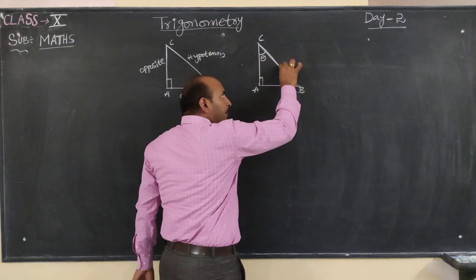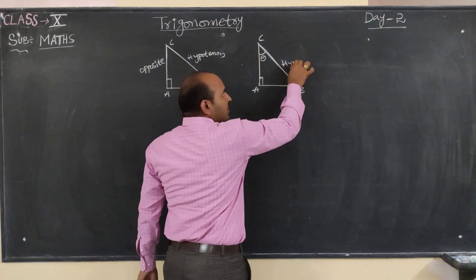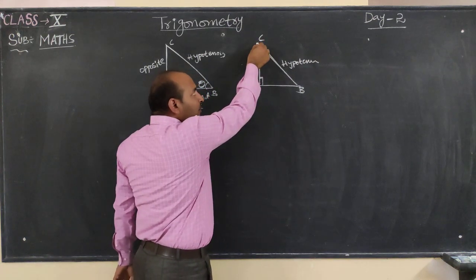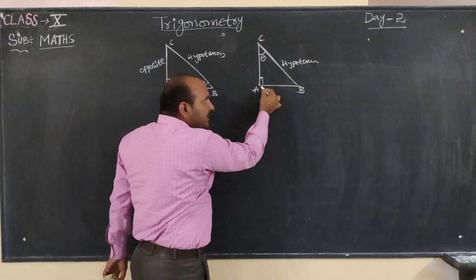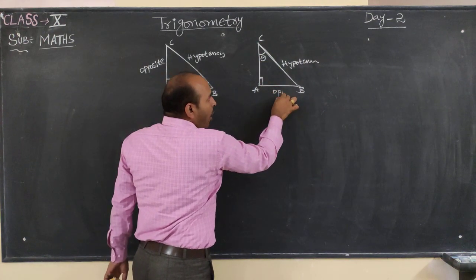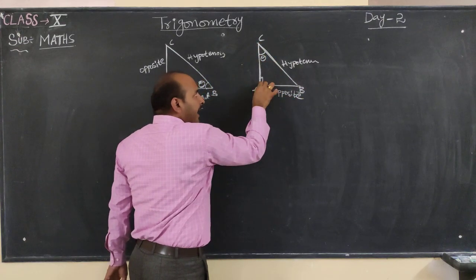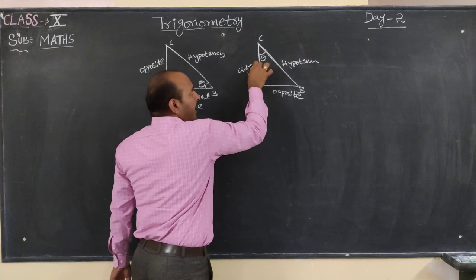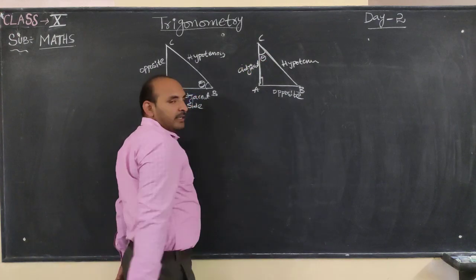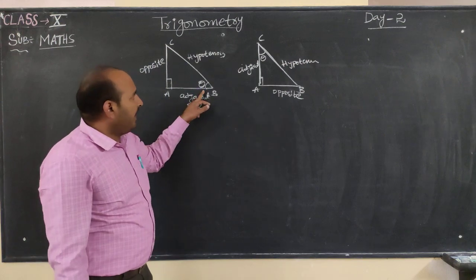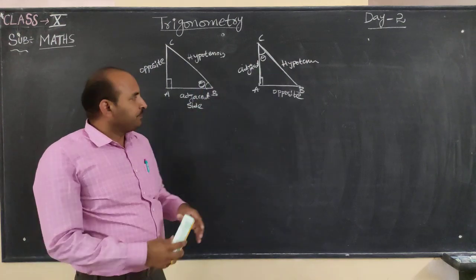Now clearly the BC side is the hypotenuse, and exactly opposite to theta, this side AB is called the opposite side, and this is the adjacent side to the angle C. Observe this one and this one, here the angle at B, here the angle at C.